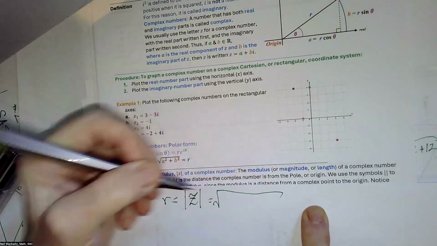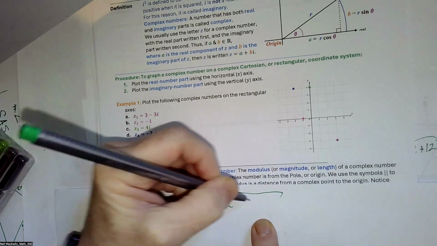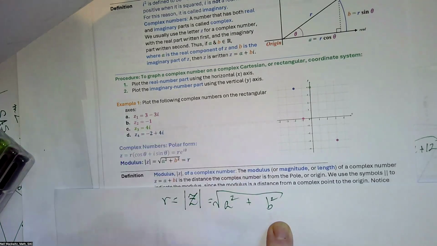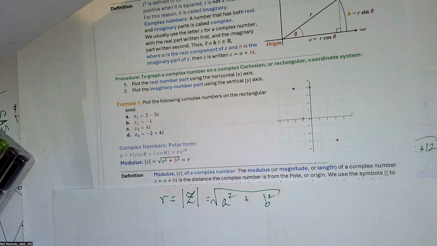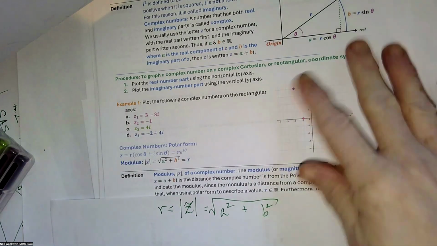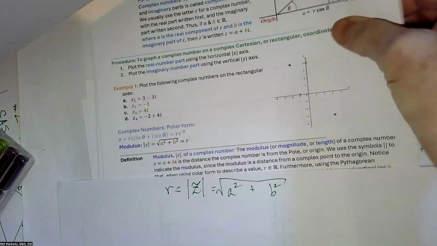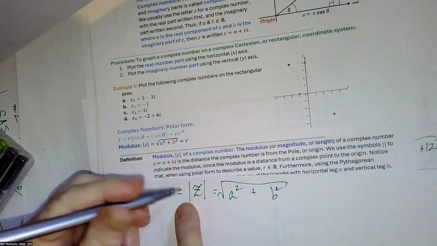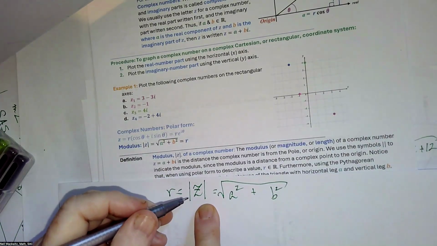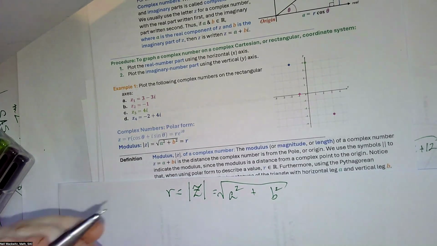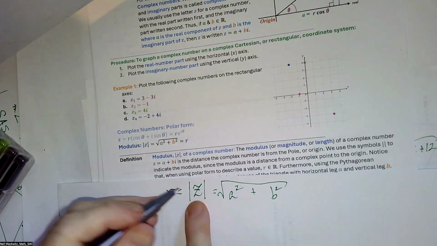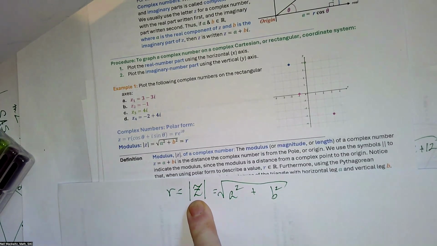This is defined to be the square root of a squared plus b squared. So if you see something that looks like absolute value, but you're looking at a two-dimensional thing, then you take the square of the numbers, add them, and take the square root.